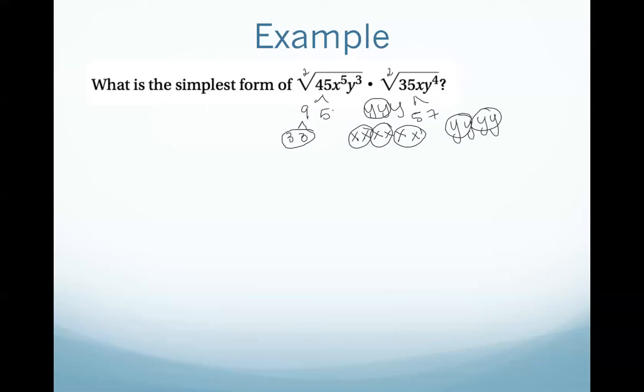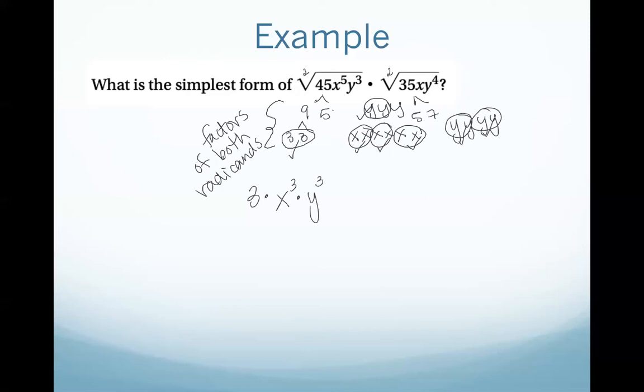So what I've done is these are all the factors of both radicands. So I'm going to do my 3, got that, times. I have 1, 2, 3 groups of x. I have 1, 2, 3 groups of y.